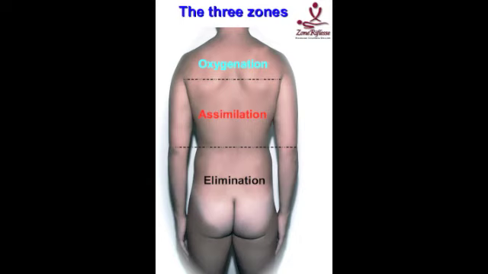Now, in summary, you have learned so far to perform the palpebral technique in the three main zones of the body. So these are not metameres, they're zones. In the next video, we will talk about metameres. So you've learned to perform the palpebral in the oxygenation area.